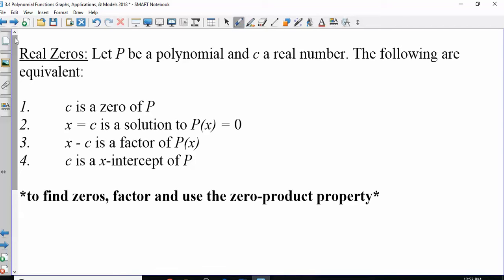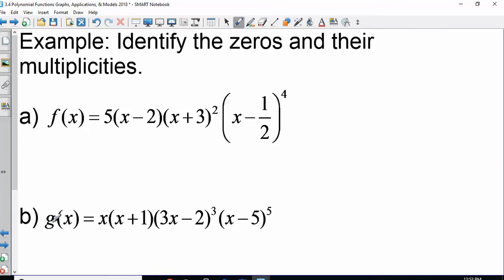So a factor has an x with it, a zero does not. We know on the graph a zero is the same as an x-intercept, or it's basically saying that when you plug that number in, it makes the whole equation equal 0. So all of these things are really asking for the same thing. If I said find the x-intercepts, or find when the equation equals 0, or find the zeros, those are all the same. The factor is when you put the x with it.